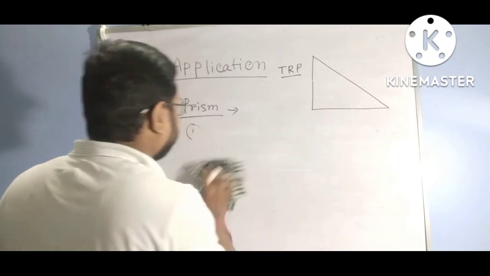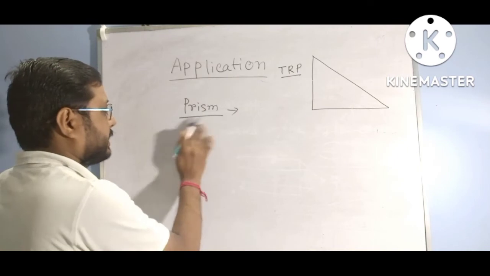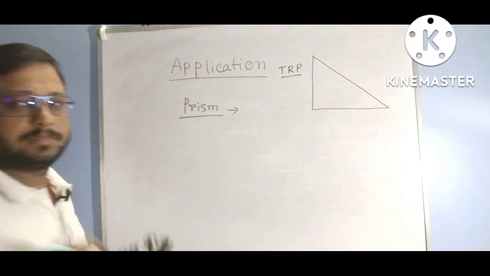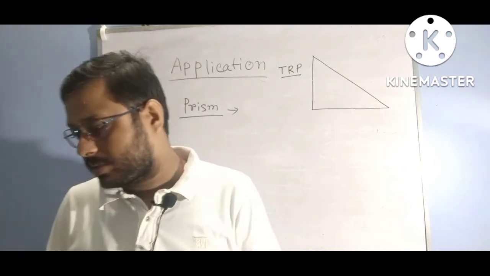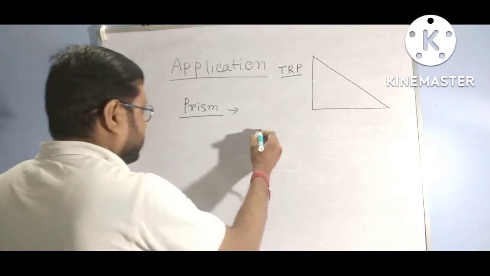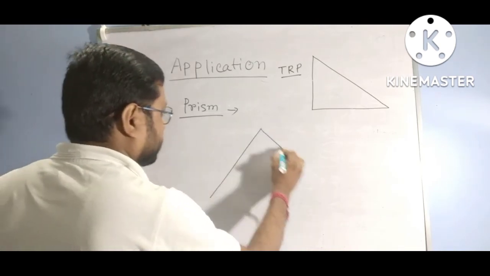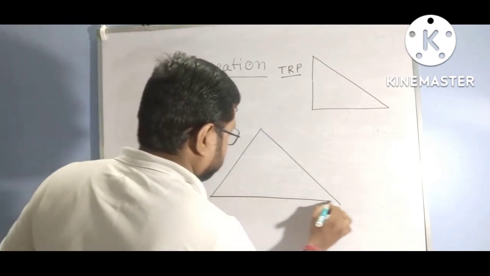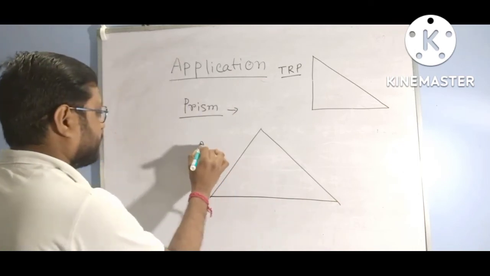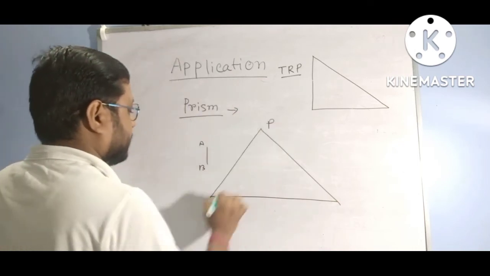Sometimes there is no deviation and we can also get the image. If this is object AB, this is the PQR.